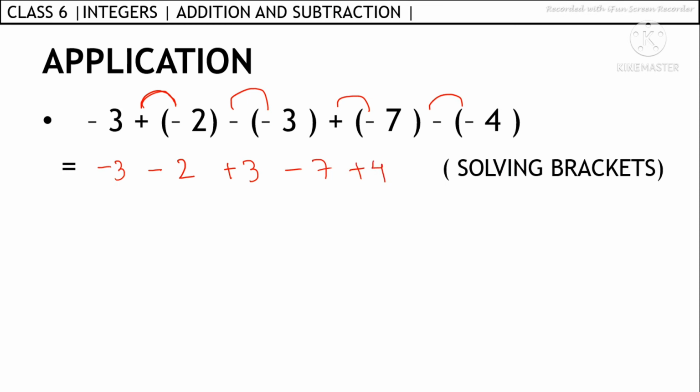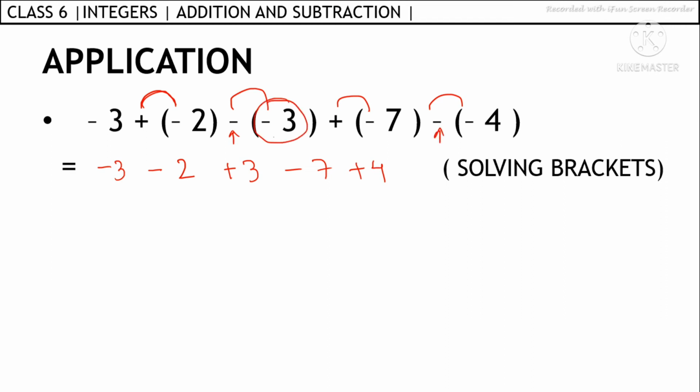Is it clear now? Plus into minus is minus, minus into minus is plus, plus into minus is minus, minus into minus is plus. Or else we can say it as discussed: if outside the bracket we have a negative sign, we have to write the opposite of whatever is inside.